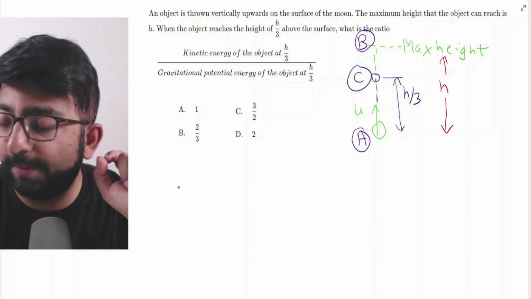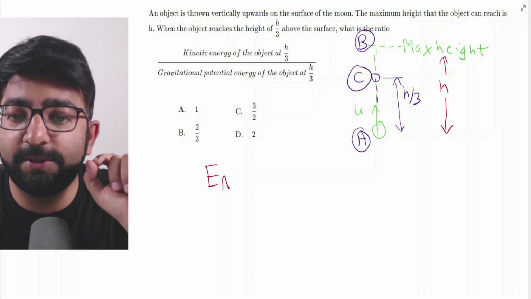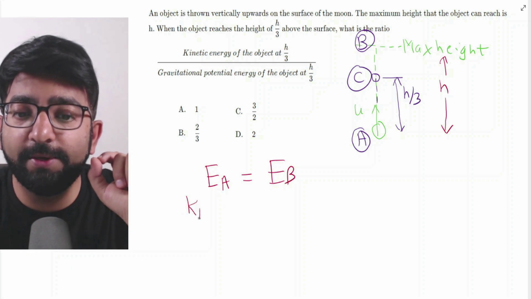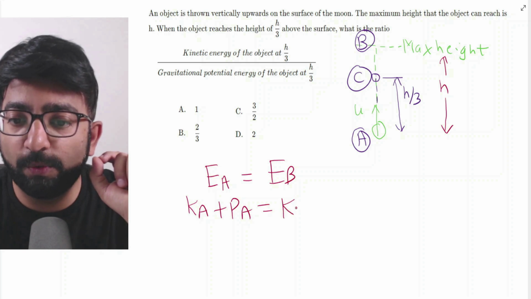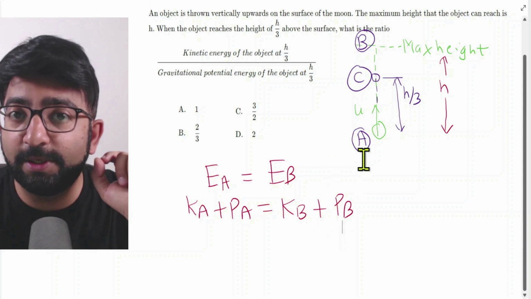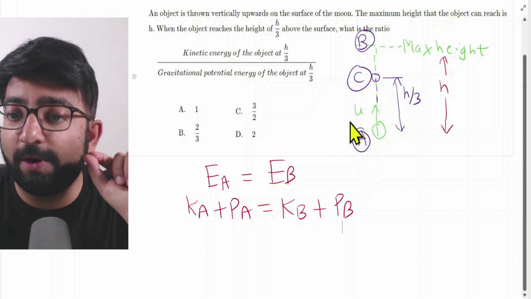So according to the law of mechanical energy conservation, first of all, we will equate the energy at A with the energy at B. And total energy we know is the combination of kinetic and potential energy. So the expression will become KB plus PB. PB stands for the potential energy of the object at B. Now at A, we have assumed the velocity is u.